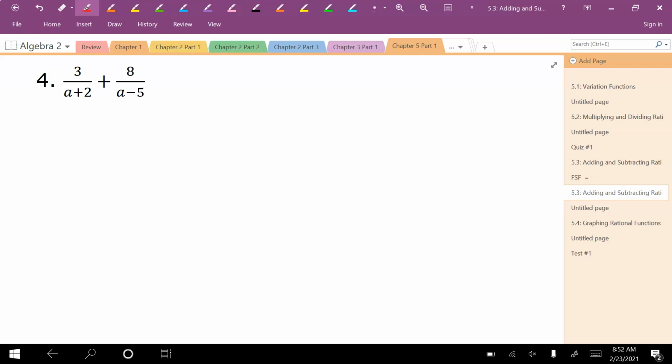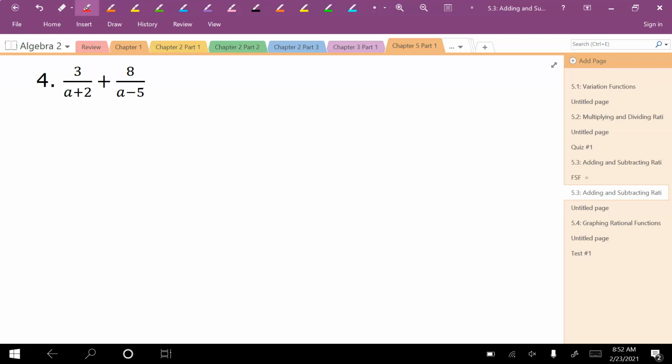Looking at this case here, where I have 3 over an a plus 2, and then an 8 over an a minus 5, both of them are different, the denominators, and they don't have anything shared. Like the first one doesn't have an a minus 5, and the second one doesn't have an a plus 2. So for this case, we are going to have to multiply both of the fractions by the missing piece.